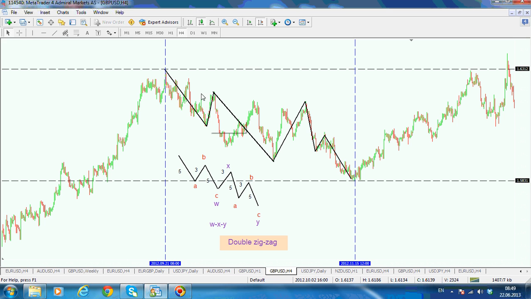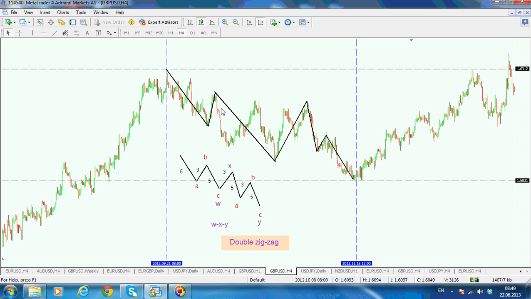Or maybe this is just the A to the downside, A, B, C, X, and then A, B, C. So probably more likely to have something like this. And this to be the X wave. And this to be the zigzag. So based on our previous analysis, ABC, ABC, X, and then ABC.